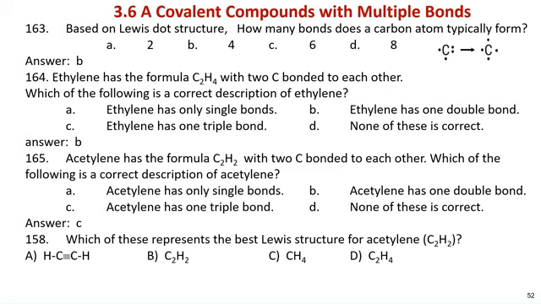Now you have to put 3 bonding pairs to get the octet. Now this has 8 electrons. So best, which of the following represents the best Lewis structure for acetylene? A.